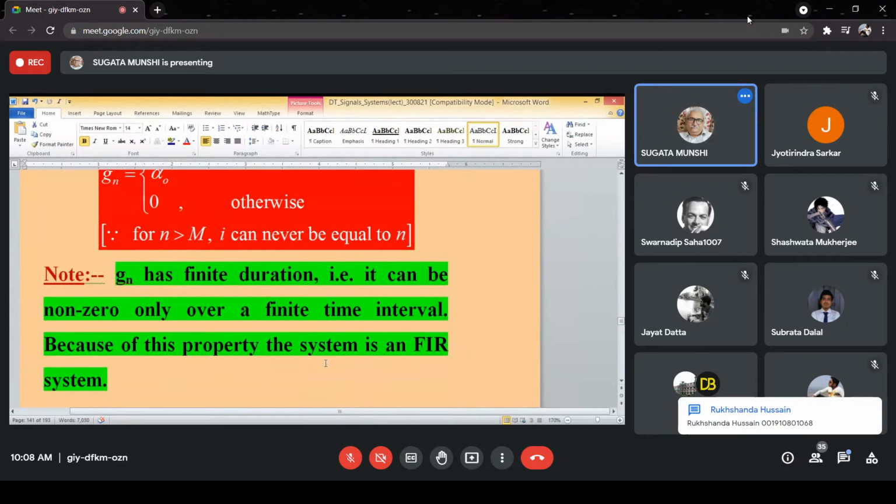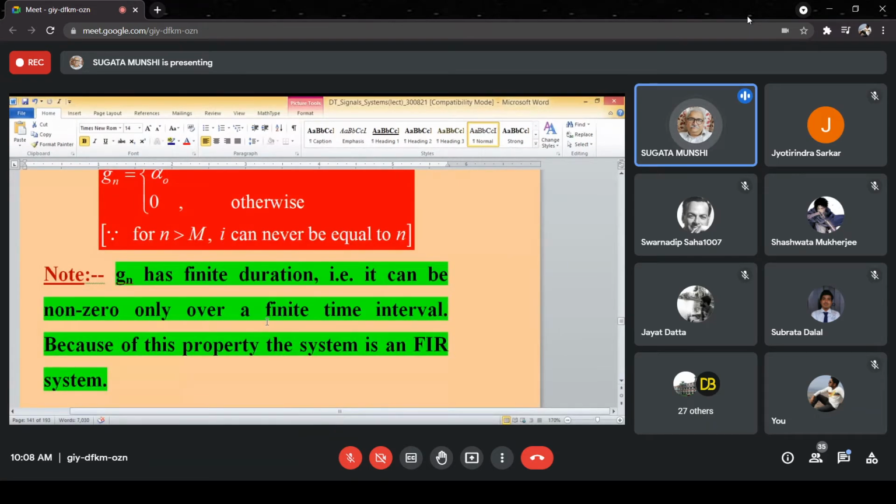So, yesterday we concluded that non-recursive DT-LTI systems have an impulse response that has a finite duration. Therefore, non-recursive and FIR, these two terms are used interchangeably in the literature. In many textbooks, you will find a chapter on designing non-recursive filters, and in some textbooks, the same thing is repeated under the heading designing FIR filters.